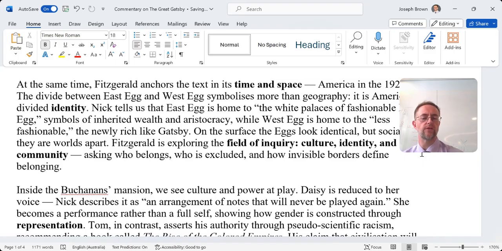Fitzgerald is exploring the field of inquiry, culture, identity, and community, and that should all be rather obvious, asking who belongs, who is excluded, and how invisible borders define belonging.